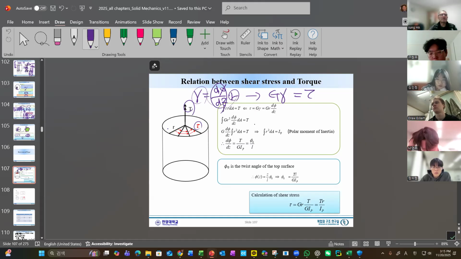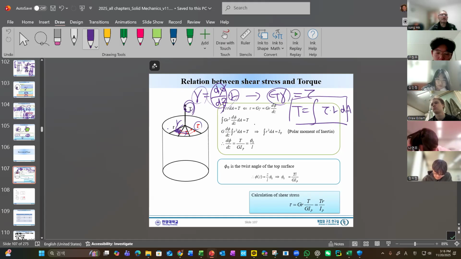And then the summation of this torque, what will cause this one? Yes, torsion. So torsion will be tau. Tau is this guy. Tau times dA is the force, because the stress times area will give us the force. And then we need to multiply R. This is the definition of a torque. And tau, we got this one.